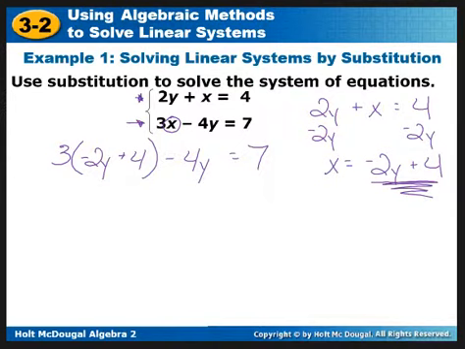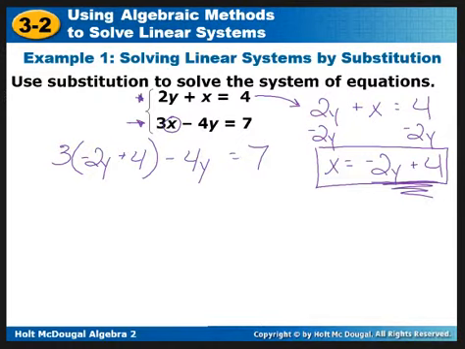One thing you have to be careful of is we used the top equation up here to solve for x. You cannot fill what we found to represent x back into the same equation that you used to start with, because everything will end up canceling out and it won't make any sense.